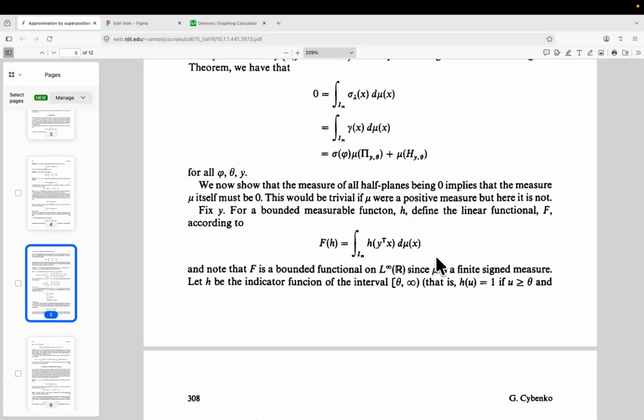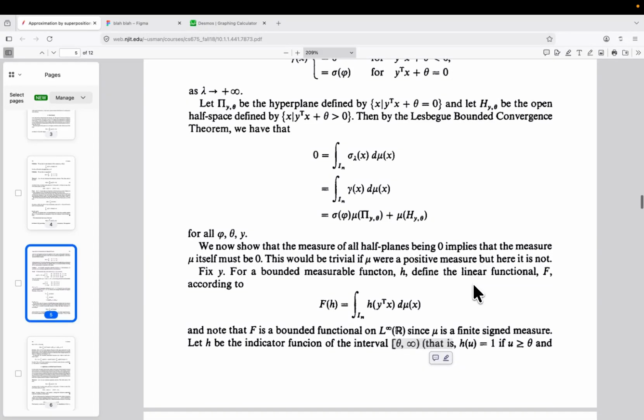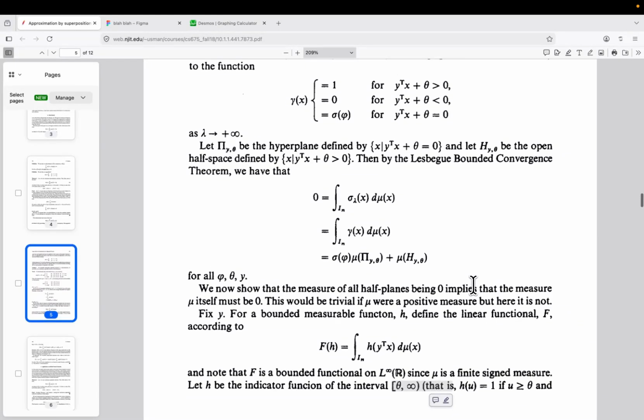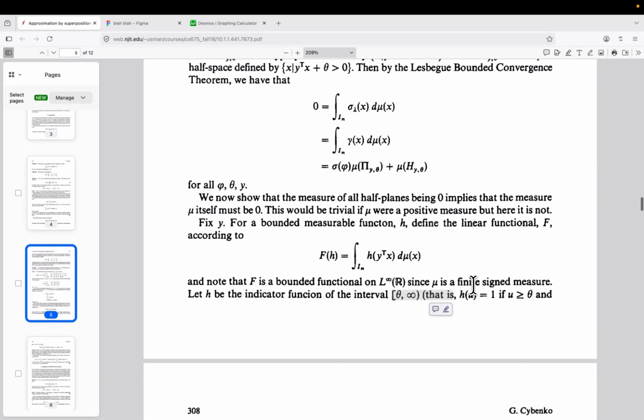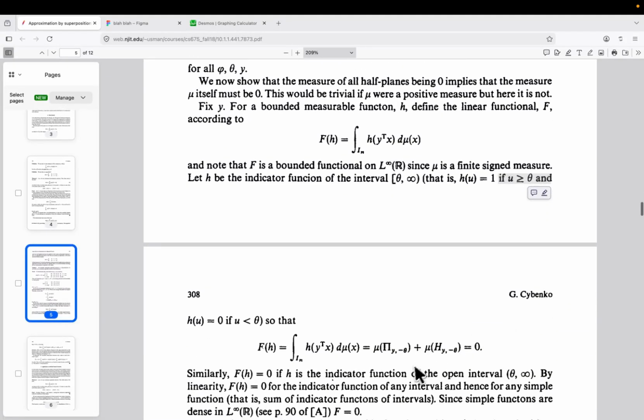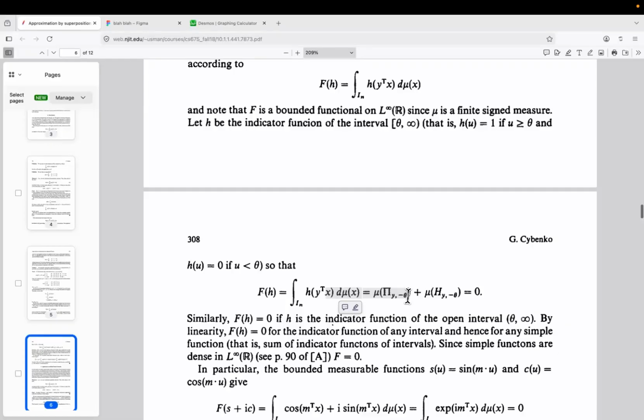Let h be the indicator function of the interval. We're breaking it into half spaces. Then we're saying that this must be true.